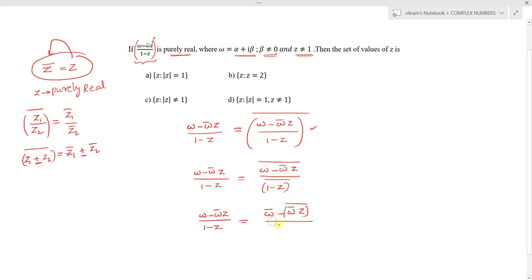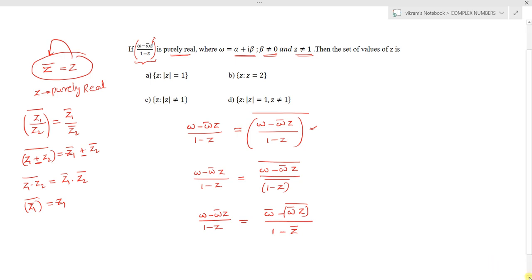The conjugate of 1 minus z is 1 minus z conjugate, since the conjugate of a real number is itself. The conjugate of z1 into z2 can be written as z1 conjugate into z2 conjugate, and z1 conjugate whole conjugate is nothing but z1 itself.